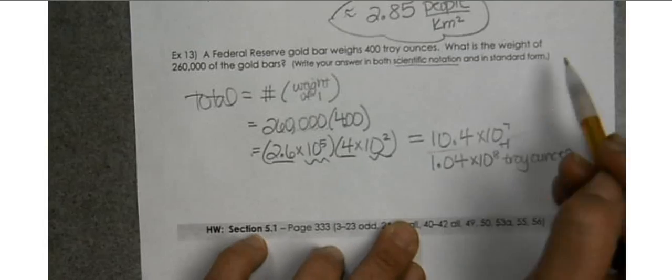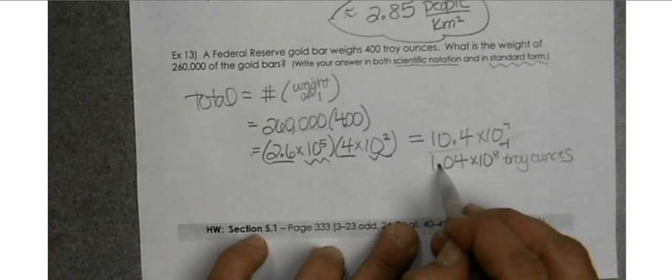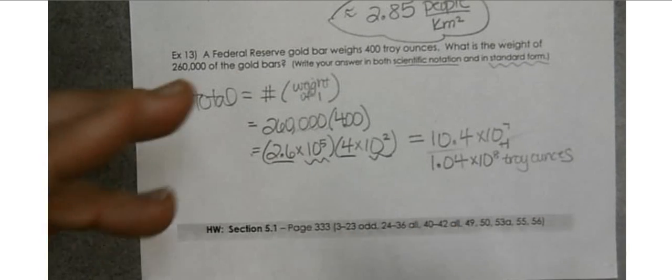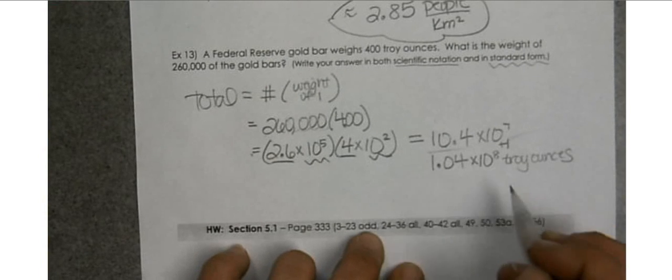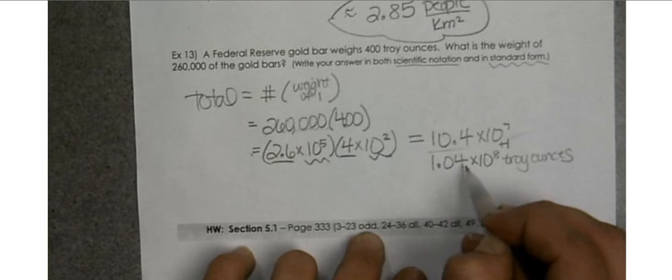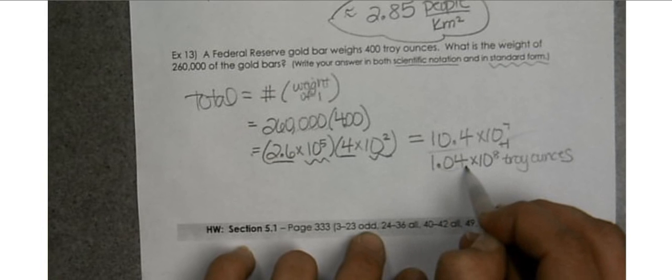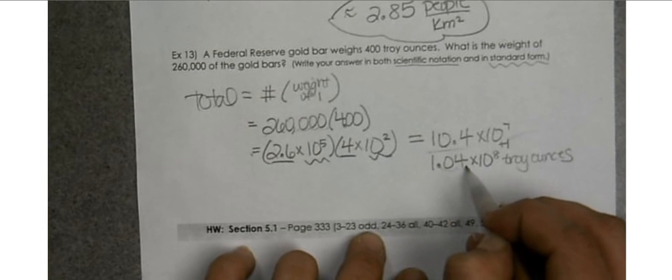And when they talk about the standard form of a number, that's where you take this and you basically turn it into a regular number, not in scientific notation. So we need to move this decimal place over 8 times. That doesn't mean we put 8 zeros on the end. Notice we move it over 2 places, and then we need to move it over 6 more places.